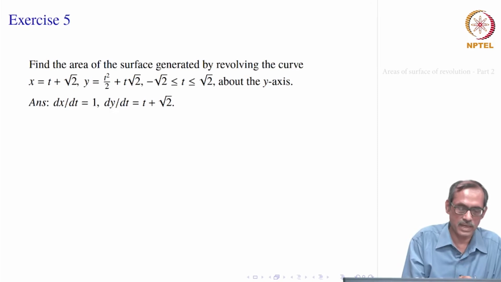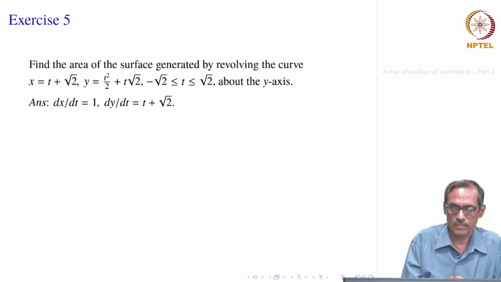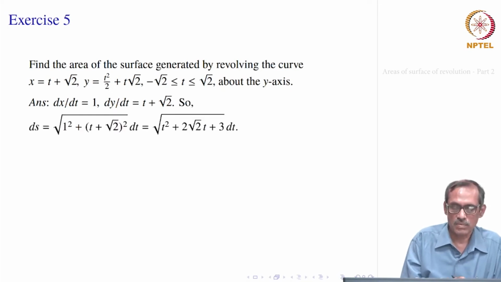So, you must get their derivatives. So, first is dx by dt, which is 1, and dy by dt is t square by 2 gives t, t root 2 gives root 2. So, t plus root 2. Then we compute ds, which is square root of dx by dt square plus dy by dt square.